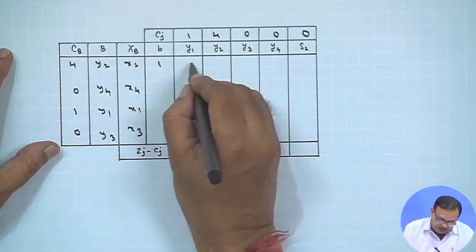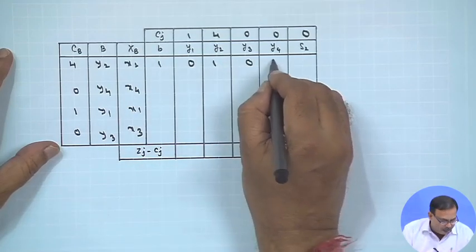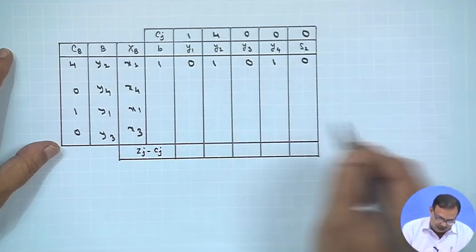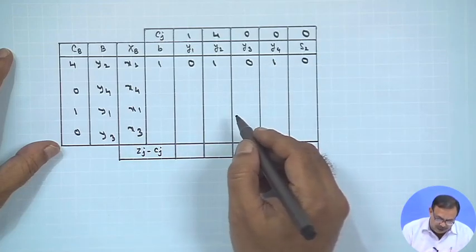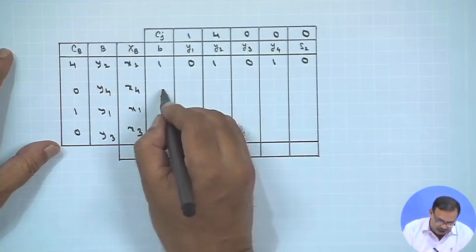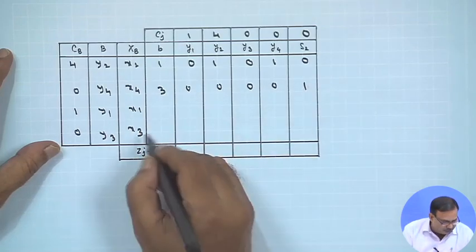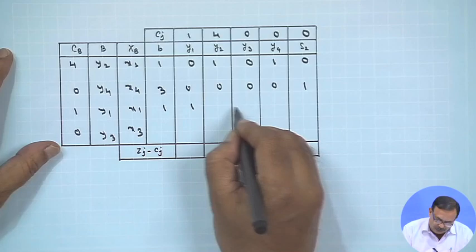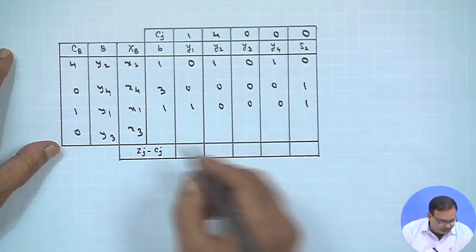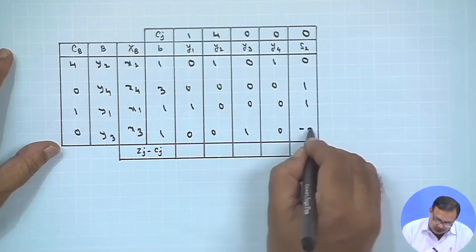If you use row operations to make the pivot element 1 and the other elements in the corresponding column 0, you will obtain this: 3, 0, 0, 0, 0, 1, 1, 1, 0, 0, 0, 1 and 1, 0, 0, 1, 0, minus 2.